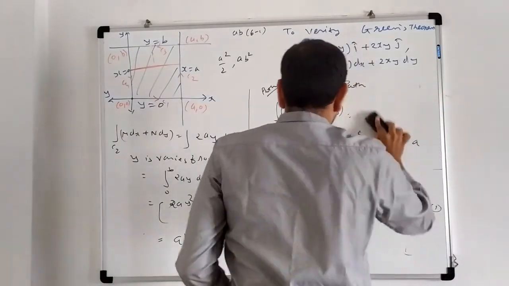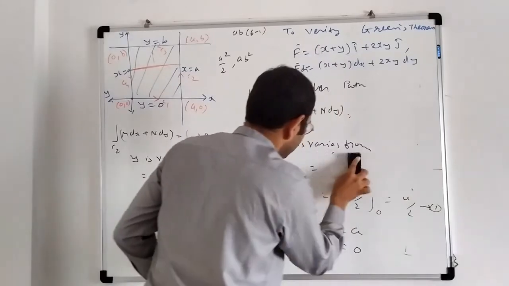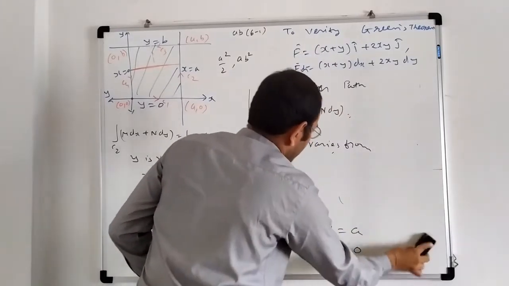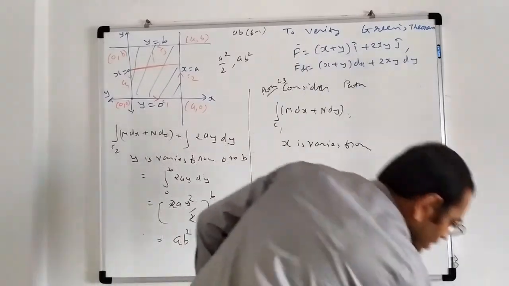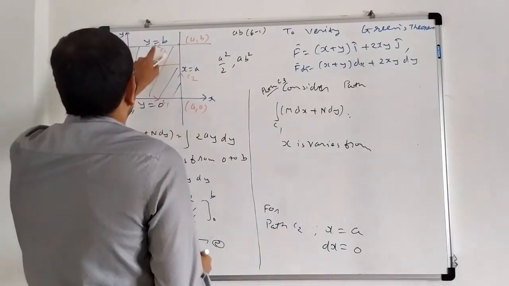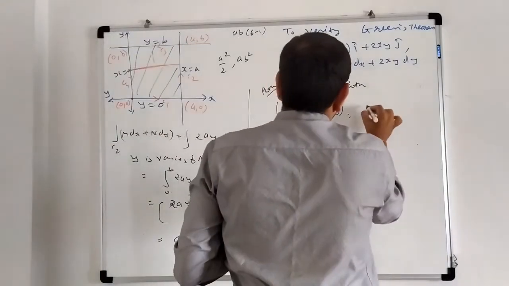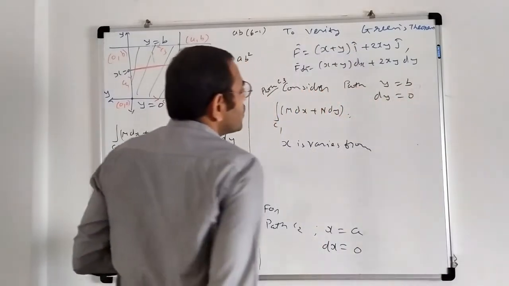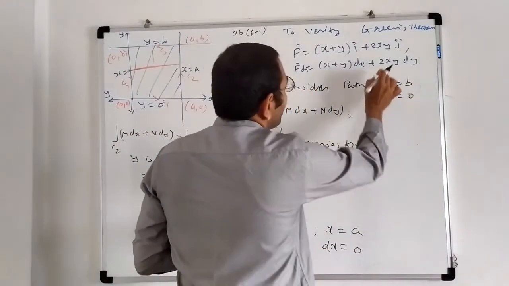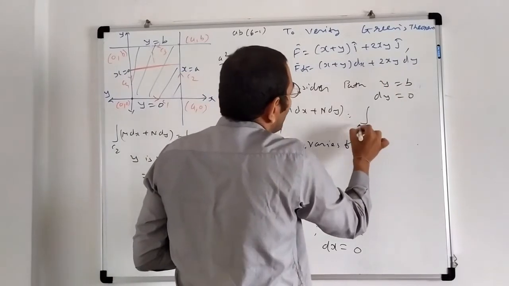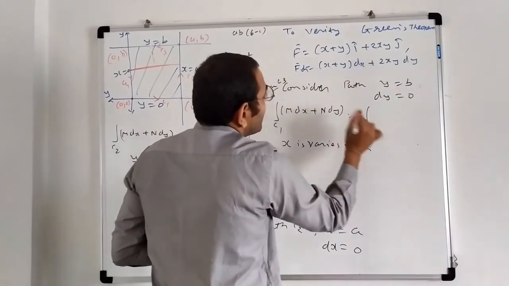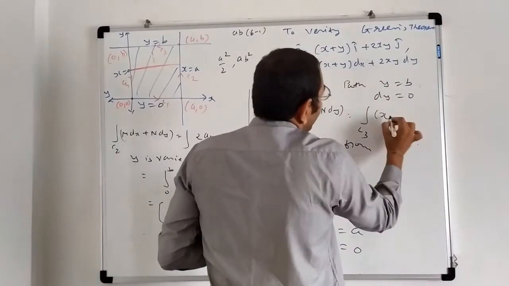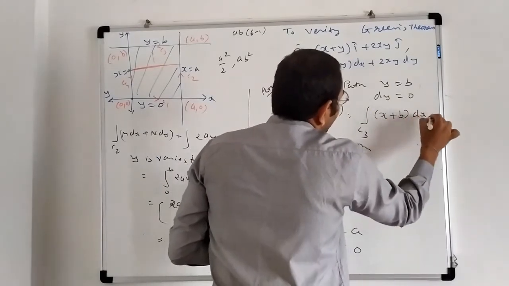For path C3, y equals b, then dy equals 0, and substituting this value, the second term is 0, leaving the integral over C3 of (x plus b) dx.